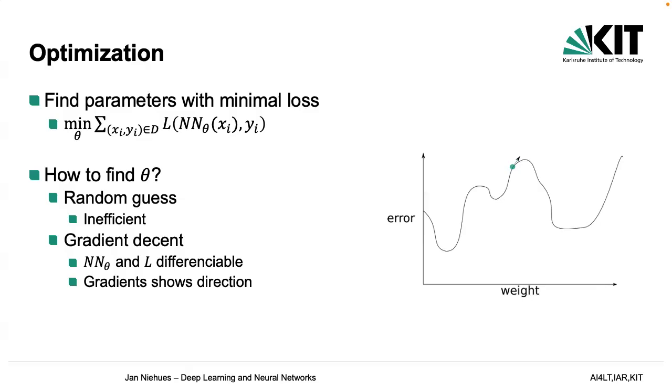We are not going to a global best solution, but we'll end only in a local best solution. However, it gives us a good direction to go, and we are not doing just random guessing. We can just follow our gradient and end up here with maybe a decent, good solution.